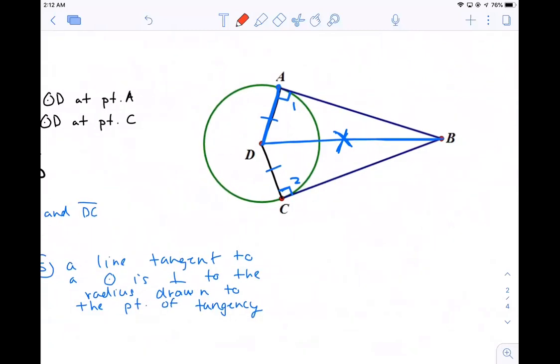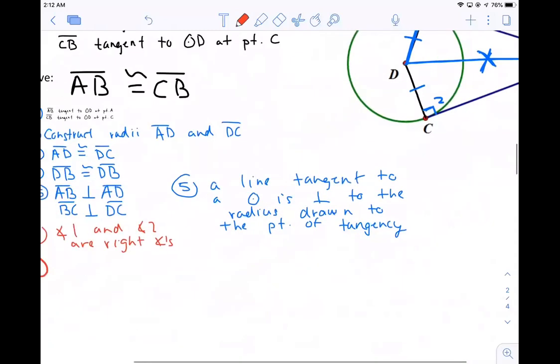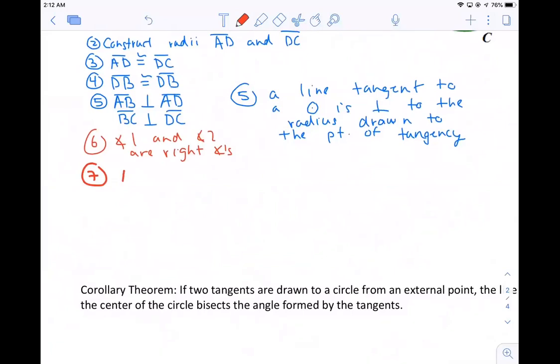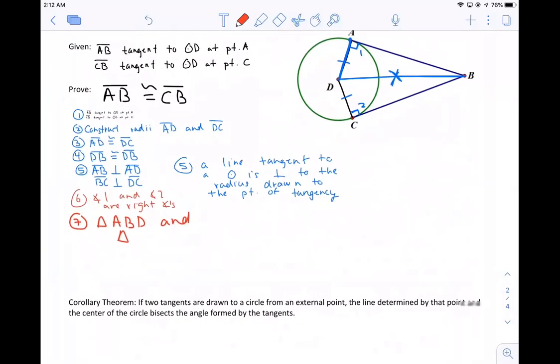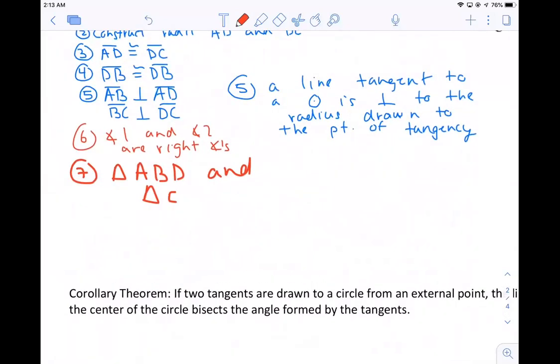So how should I name these? I'll call it ABD. So triangle ABD and triangle CBD are right triangles. And now I can use hypotenuse leg.